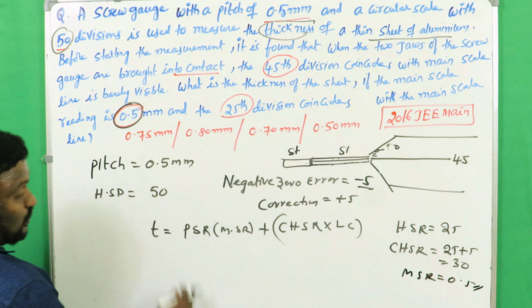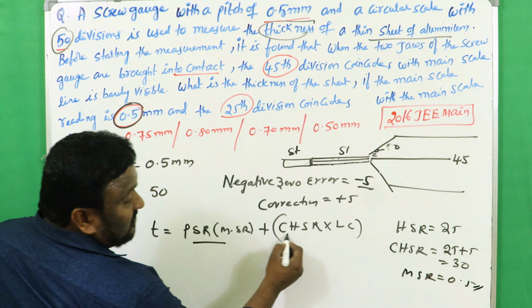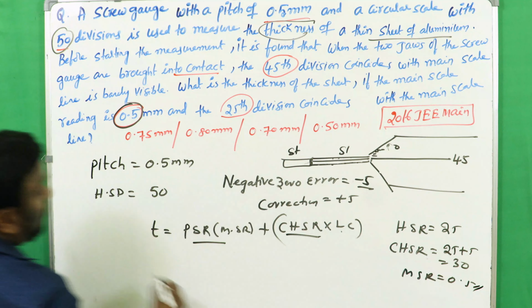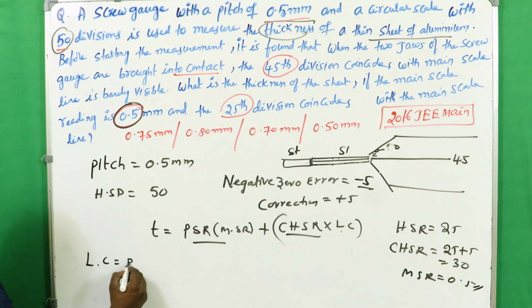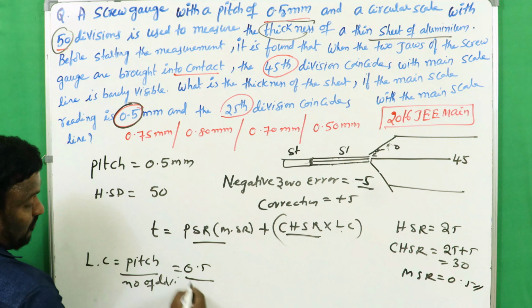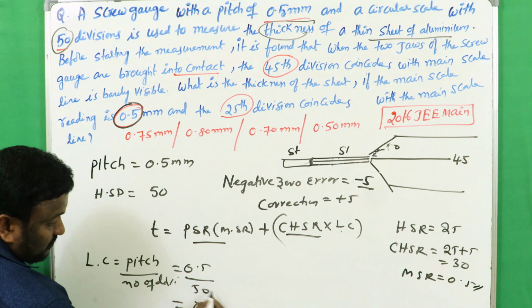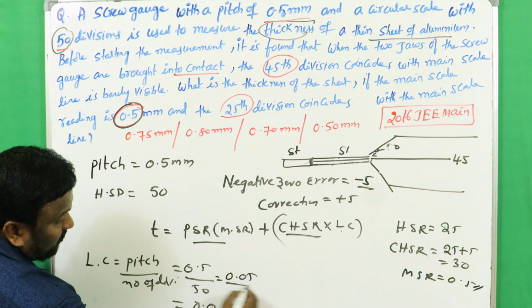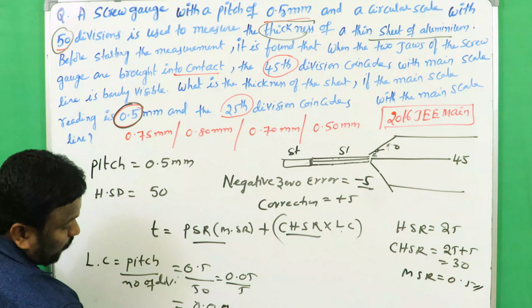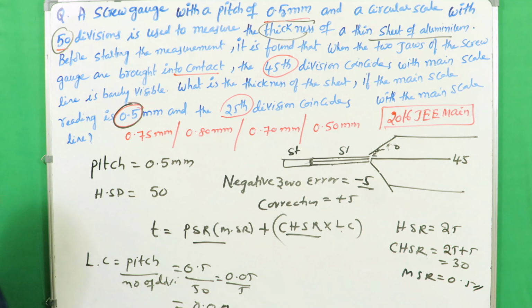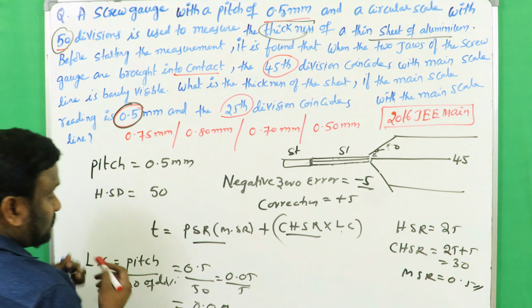0.5. So MSR is there, CHR is there, and LC is pitch divided by the number of head scale divisions. So 0.5 by 50, that is 0.01 millimeters. Now can you substitute here?